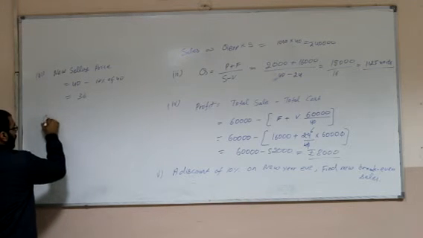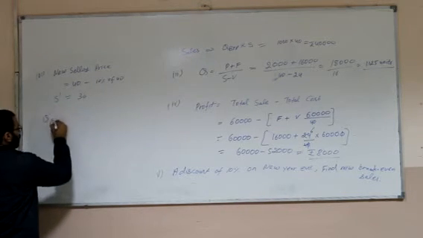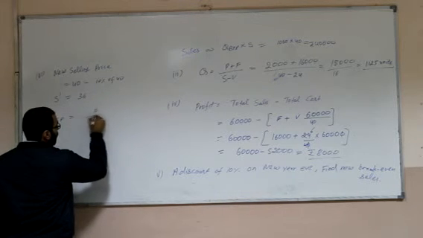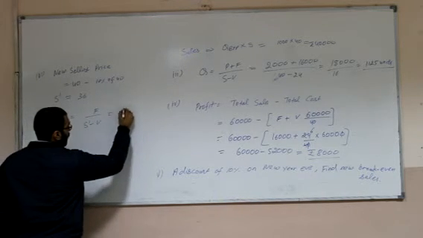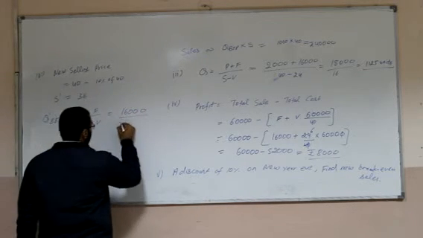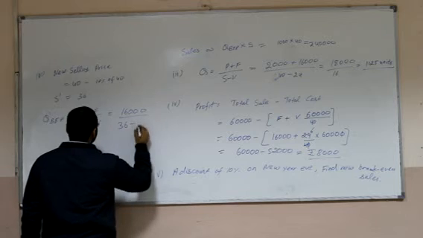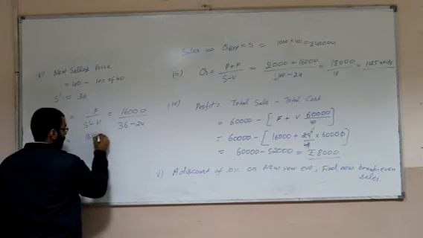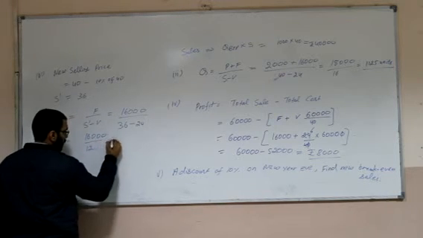So the new break-even sales, with S dash, will be F divided by (S dash minus V). F is 16,000 divided by S dash, which is 36 minus 24, that is 16,000 divided by 12.